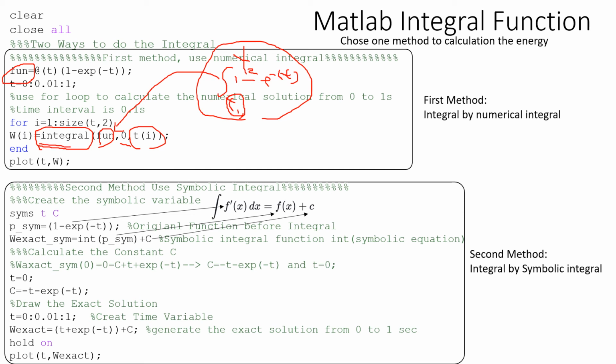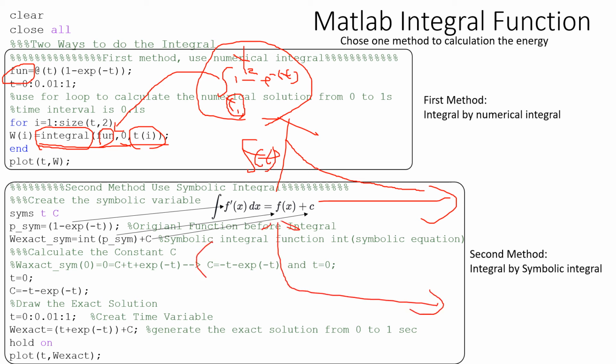This function actually returns, if I have 1 minus exponential, it will look like this. This is the original function of t, and after the integral, it will return, for our problem, the integral from 0 to ti.